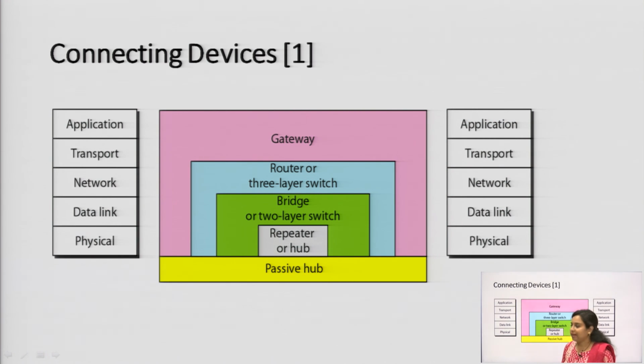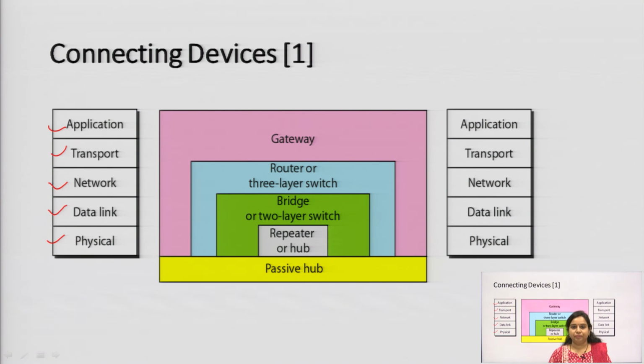Now, you can see that there are 5 different layers, that is physical layer, data link layer, network layer, transport and application layer. So, what are these layers? In my previous lecture, I discussed different layers and started the layered tasks. Then I discussed the OSI model, that is the Open Systems Interconnection model, developed by ISO.